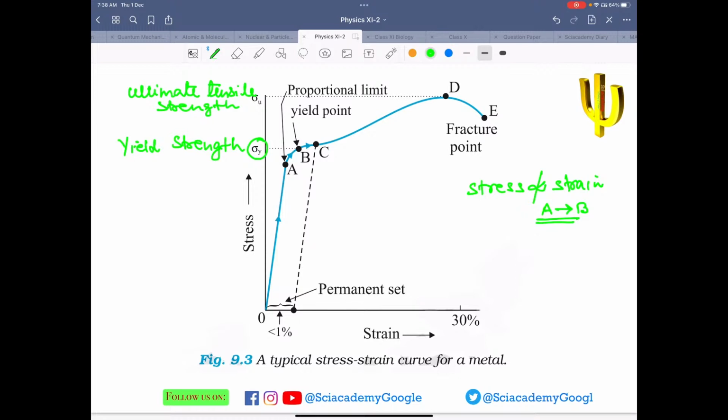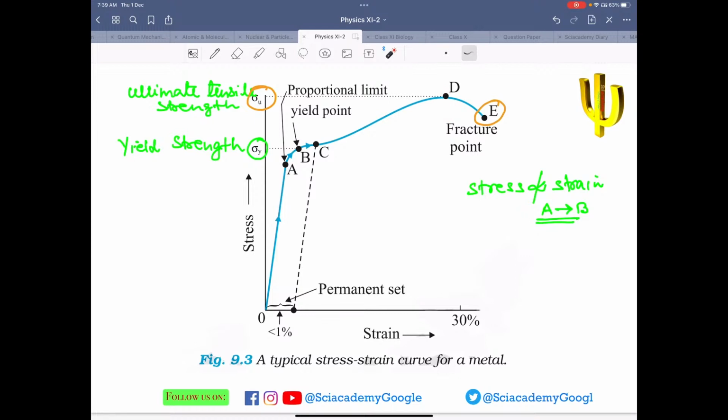This ultimate tensile strength is denoted by sigma U, and this is also particular for the particular material. Beyond this point D, additional strain is produced even by a reduced applied force, and fracture occurs at point E. So this point E is the fracture point, and after D there is no need of external force.